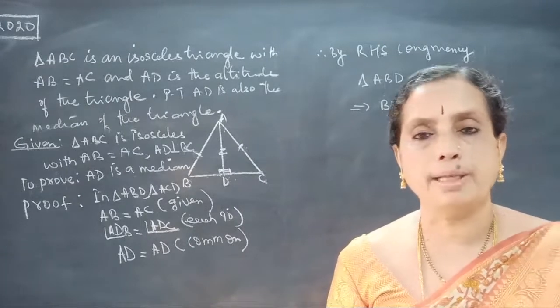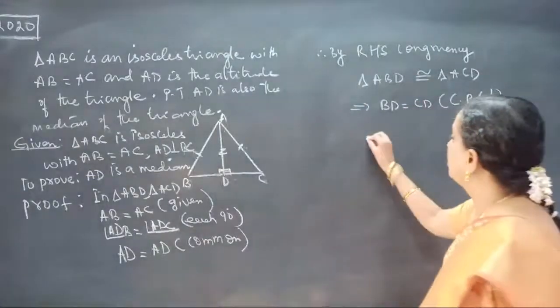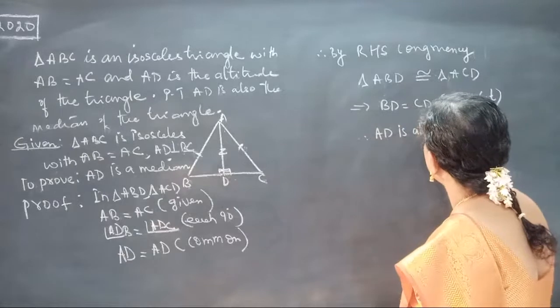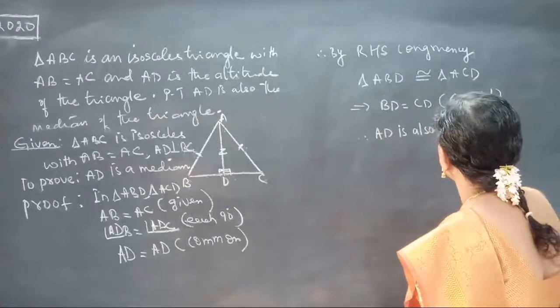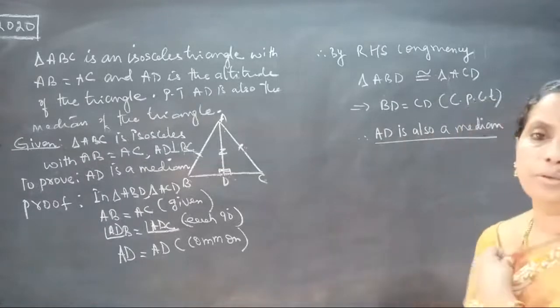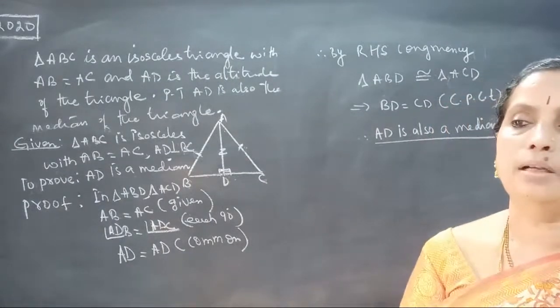Median always bisects the opposite side. Therefore, we consider AD is also a median. In the beginning, we have taken AD as the perpendicular altitude. But now at the end, we conclude AD is the median.